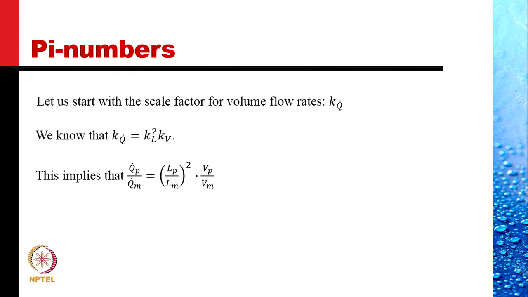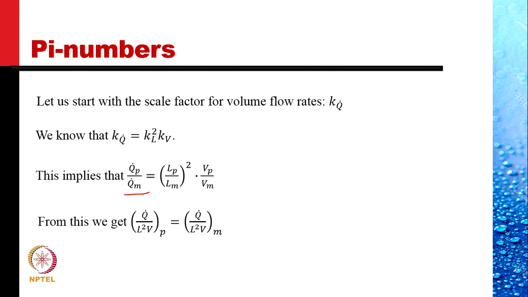Kq dot is equal to Kl square, Kv, which implies that the ratio of the volume flow rate in prototype and model is equal to the square of the ratio of lengths multiplied by the ratios of the velocities in the prototype and model respectively.